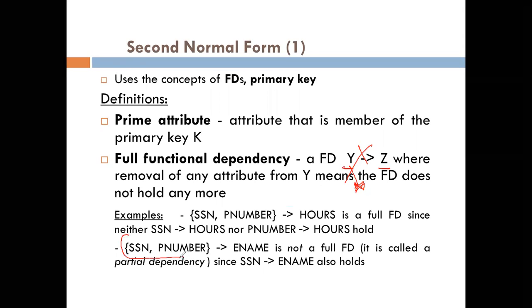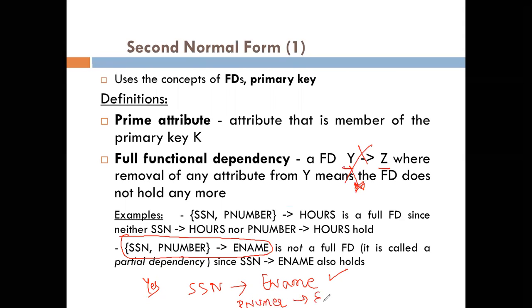Now consider one more example. SSN, project number, employee name. So does employee name depend on SSN? The answer is yes. So SSN determines employee name because name depends on SSN, right? So if we remove project number, still the dependency is valid because employee name is still determined by SSN. Now, if we remove SSN from this, will this dependency hold?